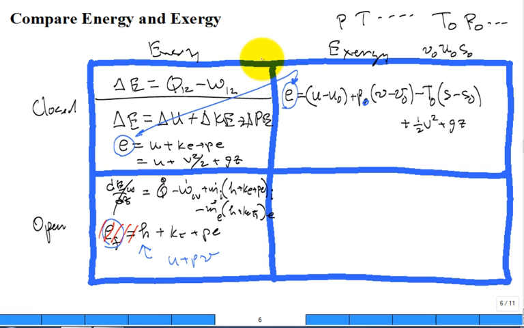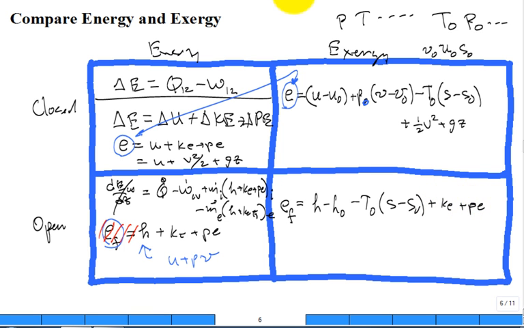So the next one is E sub F. What is that? Flow exergy. What is its definition? Thankfully, for open systems, it's a lot simpler, not more complex than for a closed system. For an open system, flow exergy, you would have H minus H naught minus T naught times S minus S naught, plus the kinetic energy, plus the potential energy.